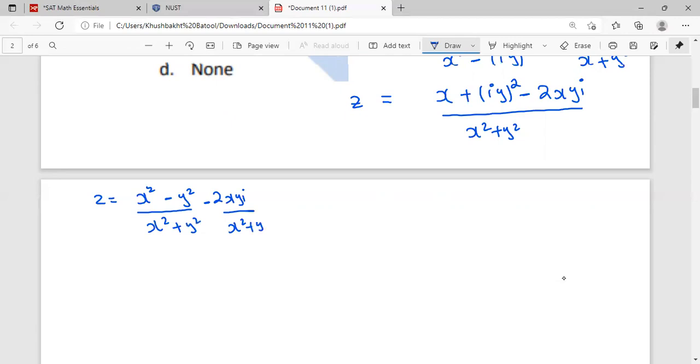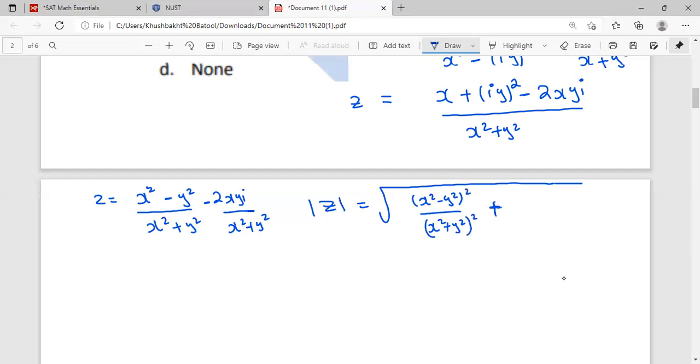Now I will apply the mod here. Z mod is the square root of the square of the real part plus the square of the imaginary part. The real part is (x square minus y square) divided by (x square plus y square). I need to square the real part, plus I need to square the imaginary part as well. My imaginary part is minus 2xy divided by (x square plus y square), whole square.